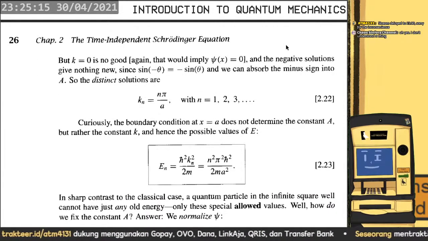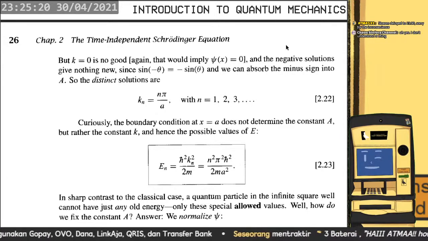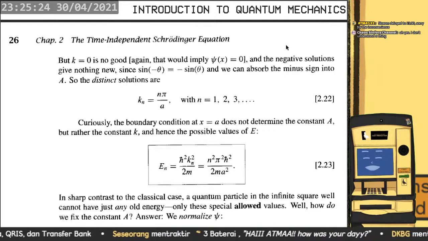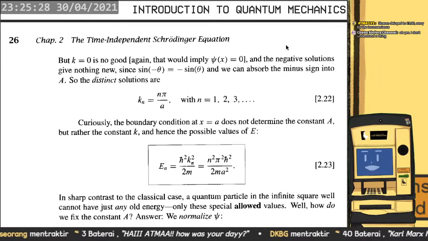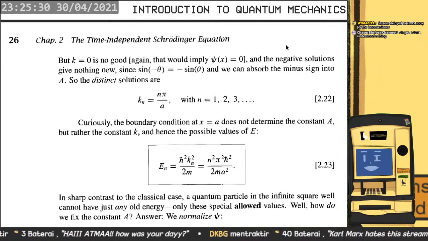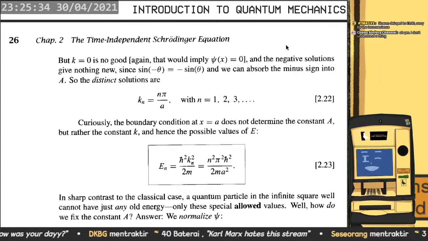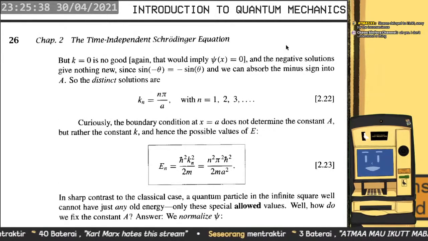Again, that will imply psi(x) equals 0. And the negative solutions give nothing new, since sin(-theta) equals -sin(theta), and we can absorb the minus sign into A. So the distinct solutions are k_n equals n pi over a, with n equals 1, 2, 3, and so on.